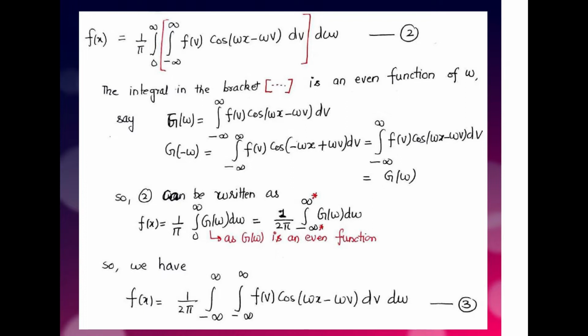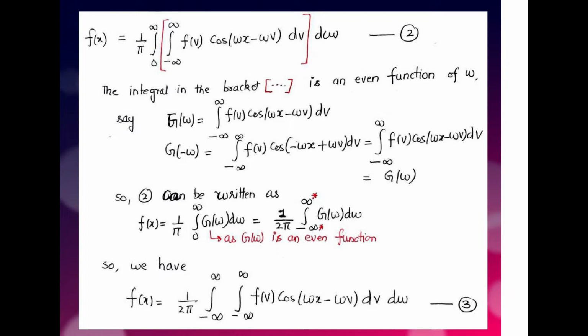We get g of minus w on the left side. Replace w by minus w in the integral, that is the cos term. Simplify this and we know that cos of minus theta is cos theta, and we get again g of w.